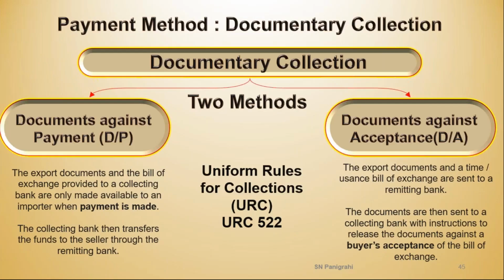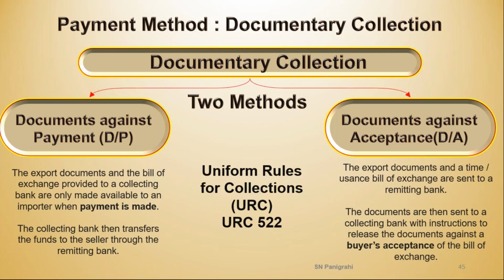The documents also include the BL, the bill of lading, which is the title of goods, so the importer can release the goods only after the payment. That is called DP, documents against payment. The bankers will release the documents only when payment is made.